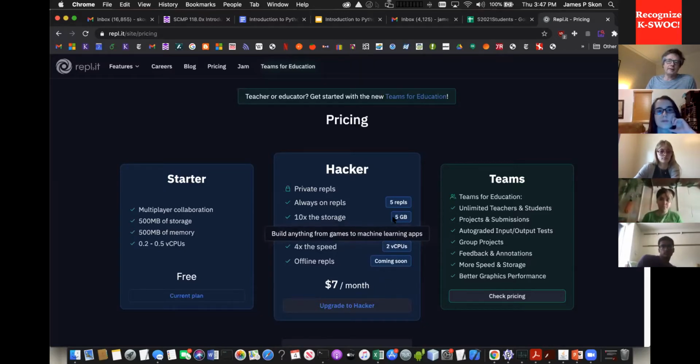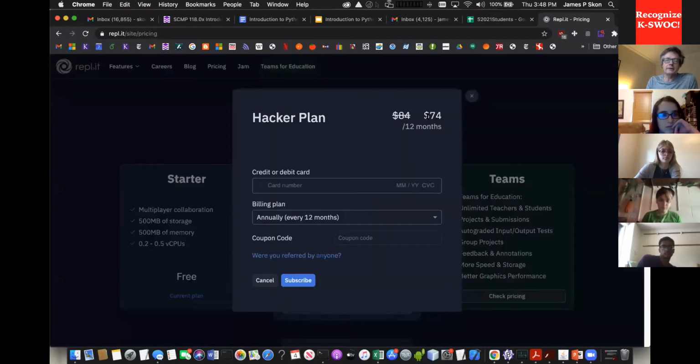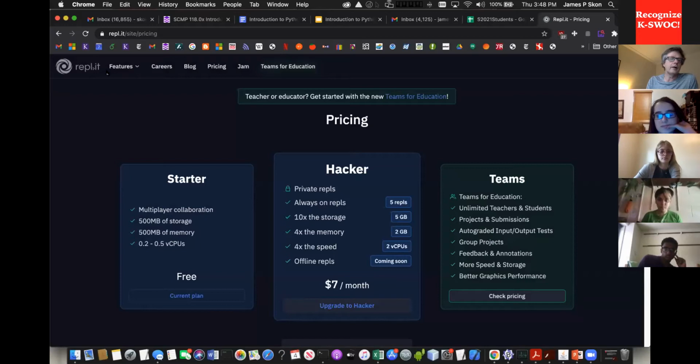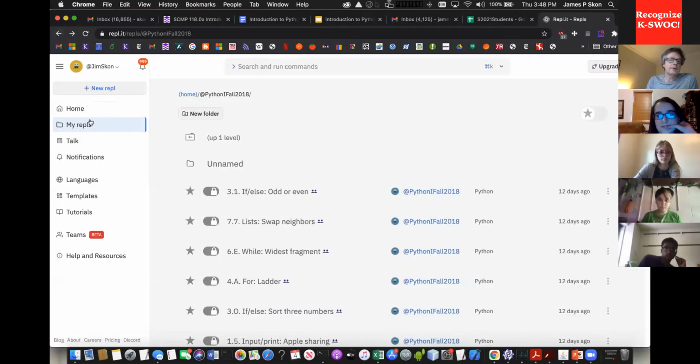But just keep in mind that $7 a month for 4 months is $28, and you don't have to pay for a book. I wish I could just give you hacker capability, but I'm recommending that you do that. You would probably want to do it monthly unless you think you might want to use it a lot. So I wanted to mention that about REPL.